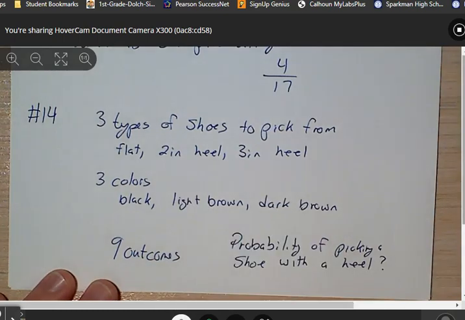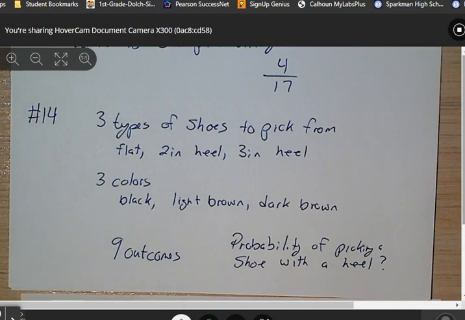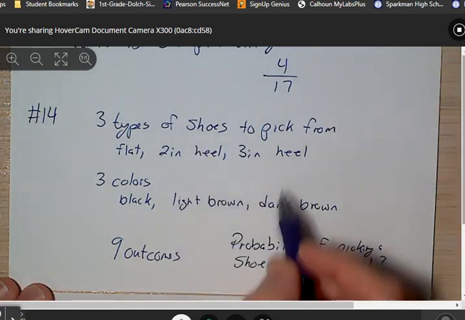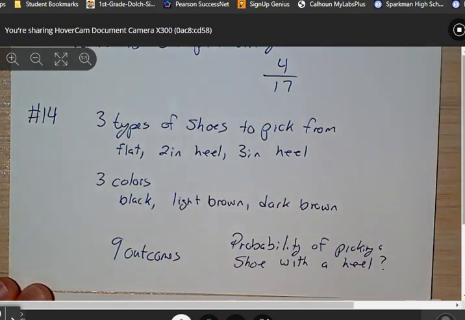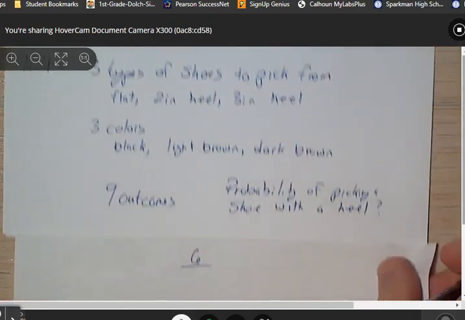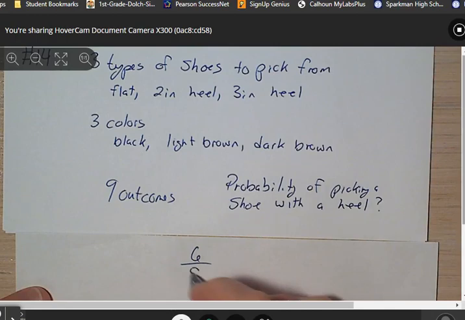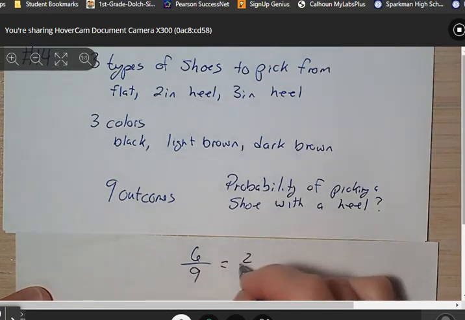Doesn't matter if it's a 2-inch or a 3-inch. Well, there's 9 outcomes. There's 6 different ways you can get shoes with heels on them. So it'd be 6 out of 9. Well, that would be 2/3.